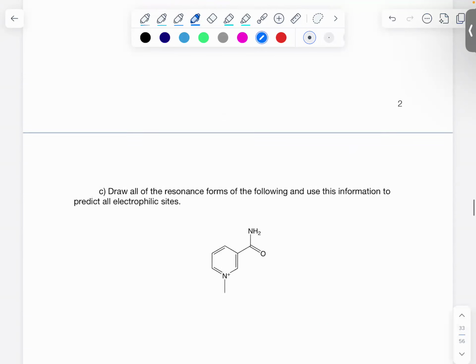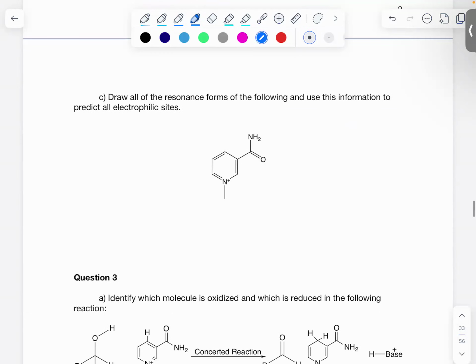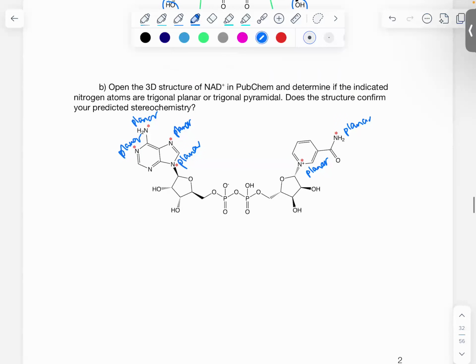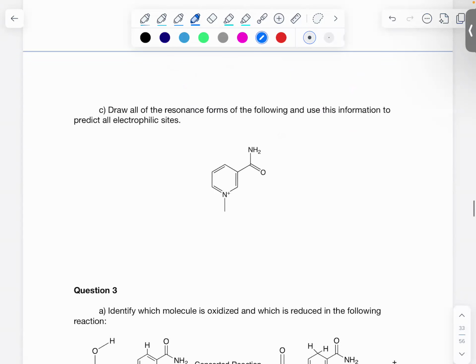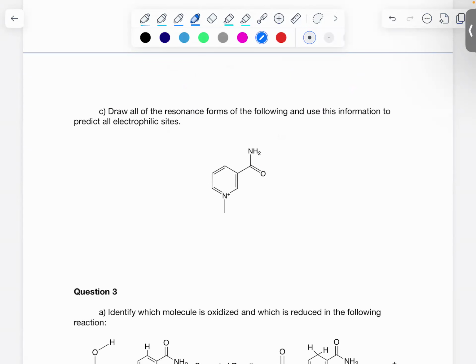Moving along, we have drawing out all of the resonance forms of this piece of NAD. So you'll see this part here is what we have drawn here. And so we'll draw out the resonance forms to determine which of these are electrophilic sites. This one can be pretty easy. We can keep it relatively contained inside the ring.